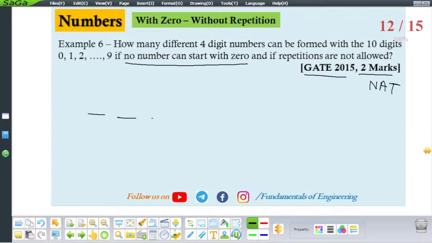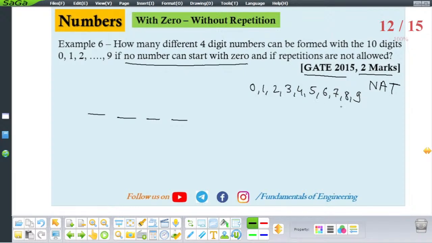So we have to form a 4-digit number by using these 10 digits: 0, 1, 2, 3, 4, 5, 6, 7, 8, 9.